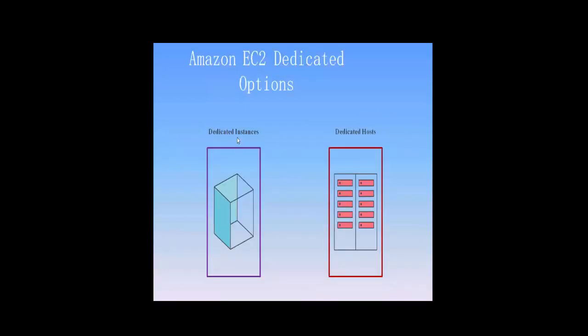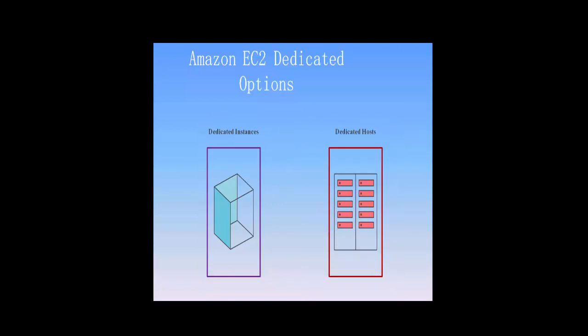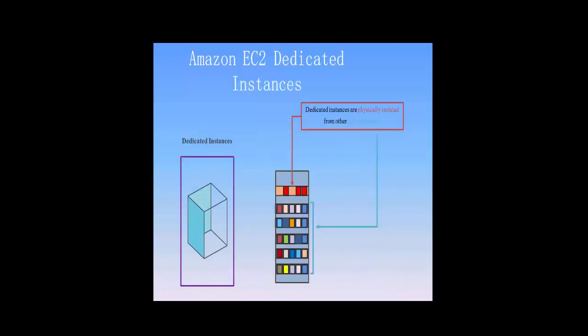Next are the dedicated options, dedicated instance and dedicated host. Instance means that on a single virtual box there can be multiple instances and one is reserved for you, but don't worry, this instance is isolated according to your VPC or your account.